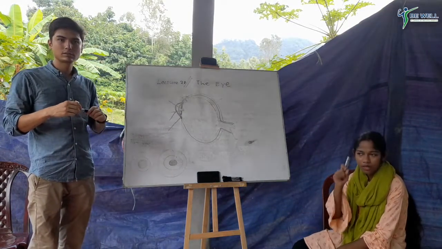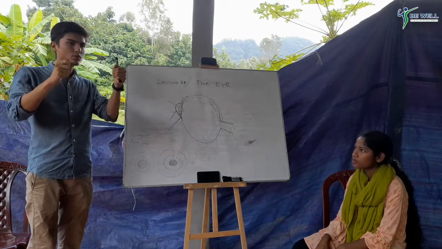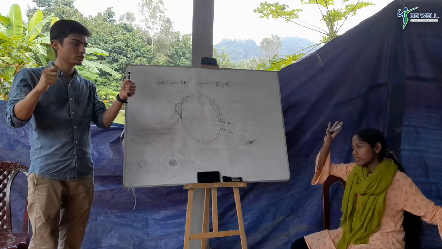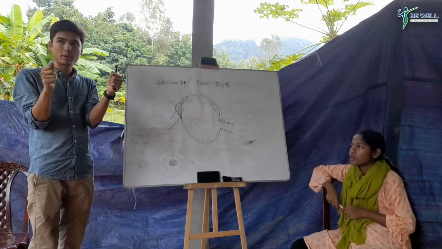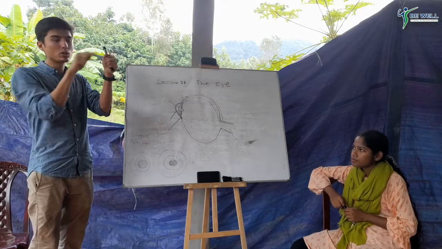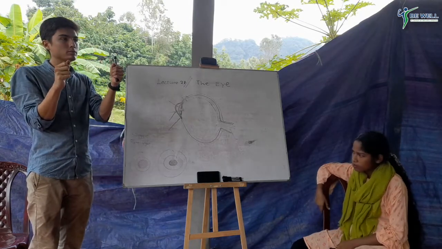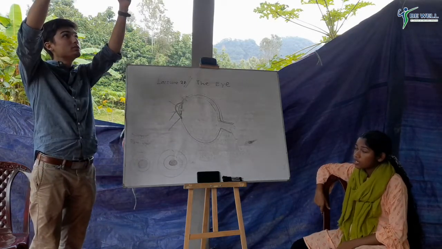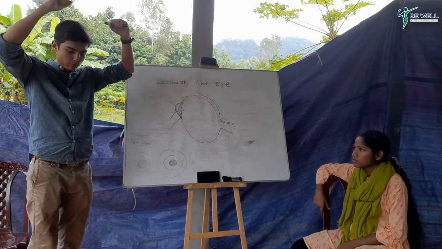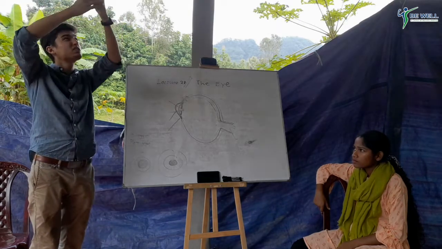If you take a piece of paper and you poke a little hole in it and you hold that up to the sun, it's not going to let in a whole lot of light. You're just going to see a little bit of the sun.